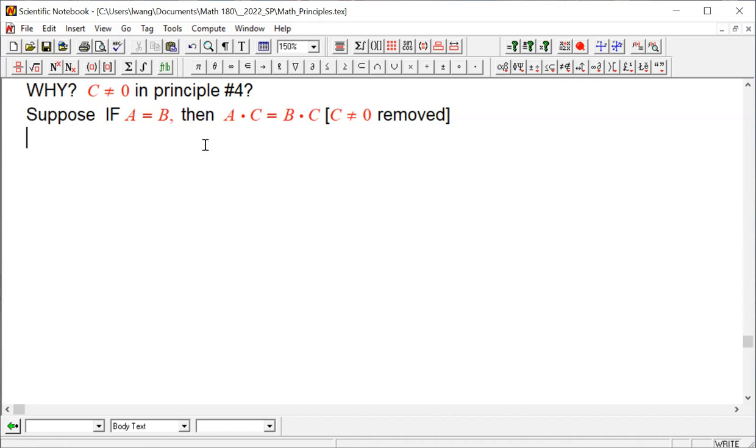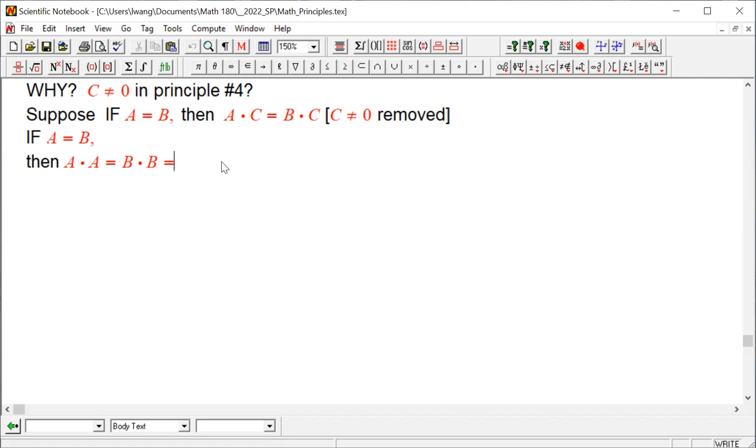I'm going to start with the same context. If A is the same as B, if this is true, then I can say A times A is B times B because they're the same number.